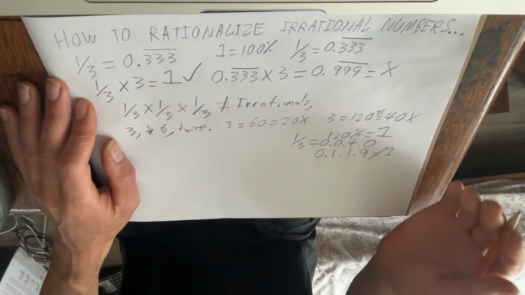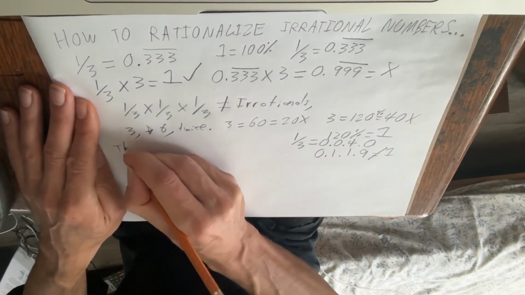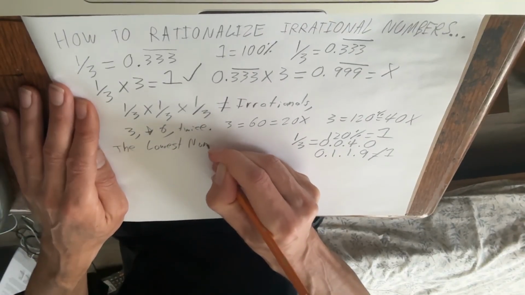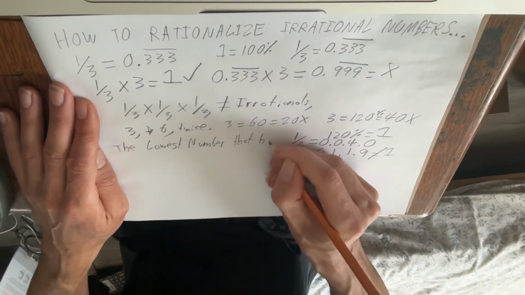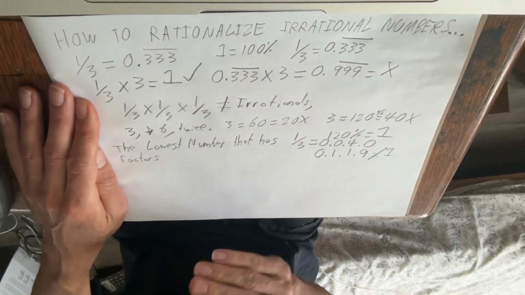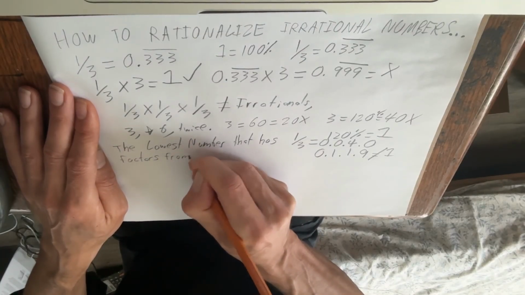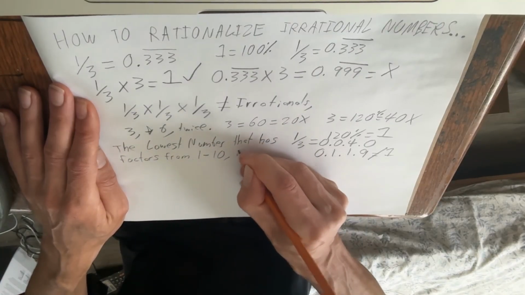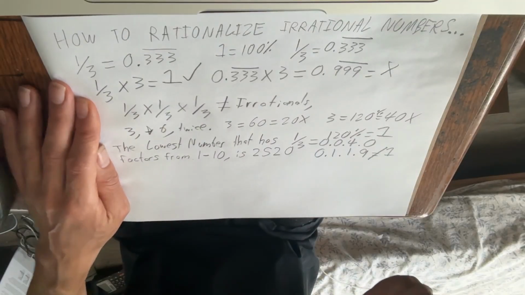Now, the lowest number that has factors, meaning numbers that go into it, from 1 through 10, is 2,520.